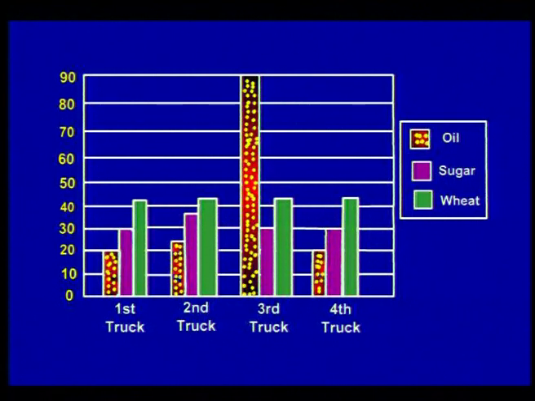You will notice that there are 12 bars or long lines which show you the loads being carried by 4 different trucks. The trucks are carrying oil, sugar and wheat. You will see that the third truck is carrying the largest amount of oil.